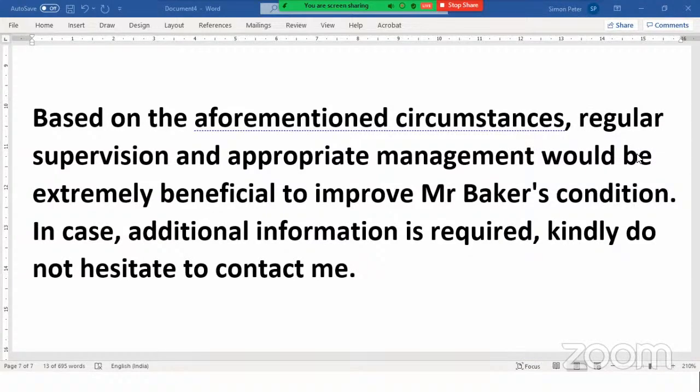If you can write this sentence very nicely, from tomorrow onwards, you can write other styles also.